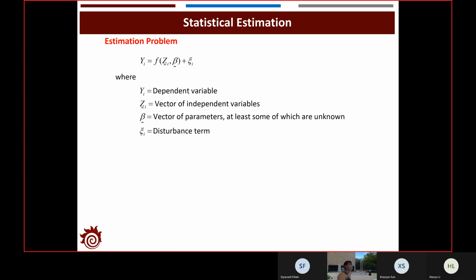And epsilon would be some disturbance, and it will follow some specific distribution. For the function f, we know the format, and here we want to start with linear regression. So f will represent the linear function, and beta would be something we don't know. This would be something we have no idea about the values.